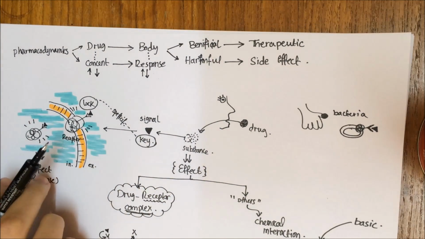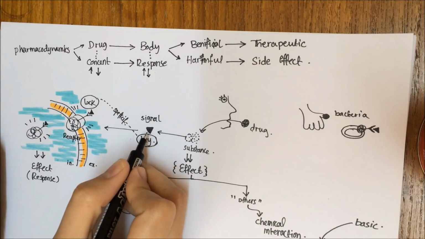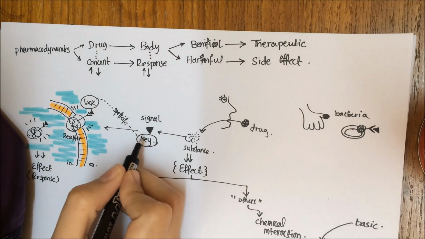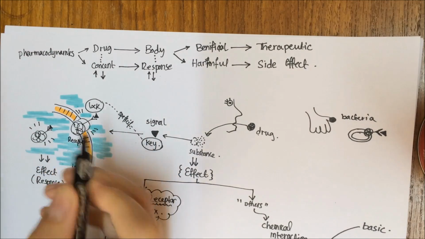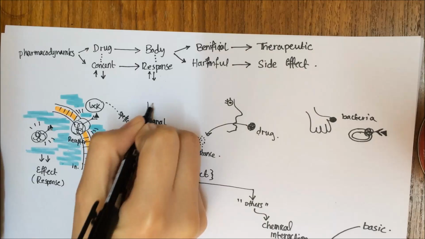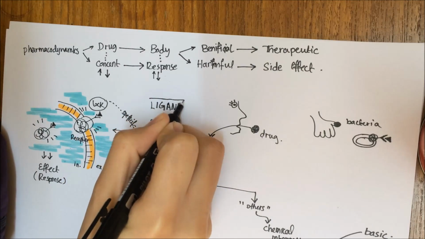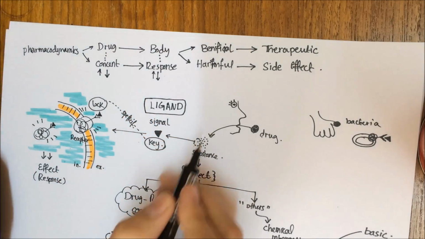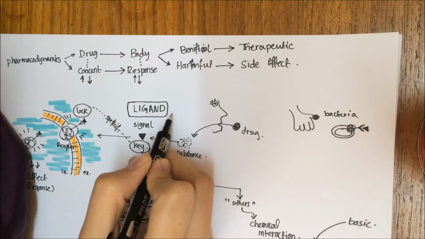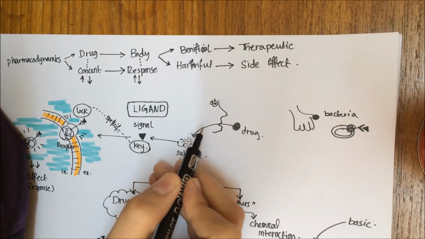And the last thing you should know is that this signal here, this key, this molecule of the drug that is going to bind ultimately to this receptor is what we call the ligand, okay? So when we say a ligand, we mean the drug, but the ultimate molecule of this drug.